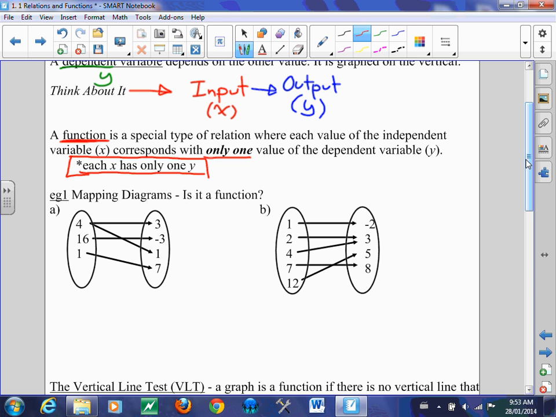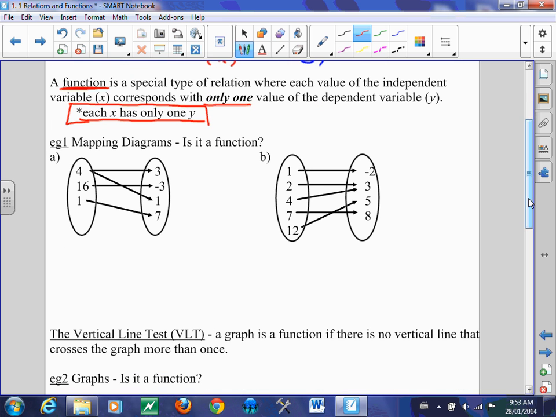Mapping diagrams. How can you tell from mapping diagrams if it's a function? A mapping diagram, ladies and gentlemen, is kind of like a table of values. The only thing is if something's repeated, they just show arrows to it. They don't necessarily write it twice. Okay? So think about the first bubble being your x and the second bubble being your y. So what we need to do is take a look. Does each x have its own y, or only one y, to make this a function?